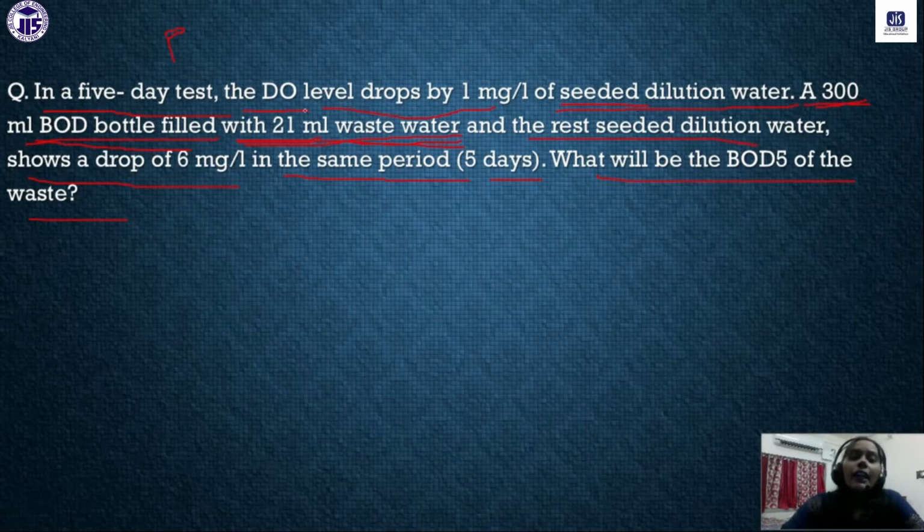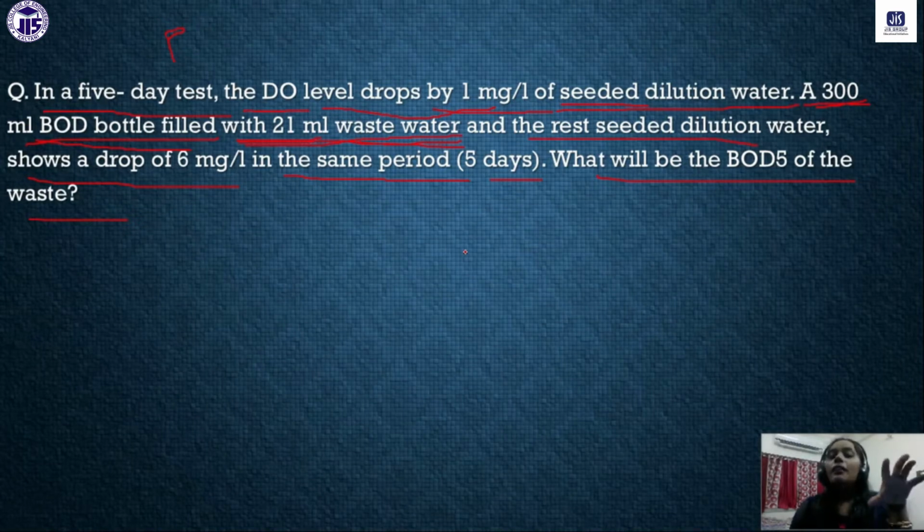Understand? Okay. Now one more thing. Look here. DO level drops by 1 milligram per liter. Mind it, here we don't have the initial value, and we don't have the final value. Only the dissolved oxygen level drops by 1 milligram per liter. This 1 milligram per liter is how much the dissolved oxygen decreases.